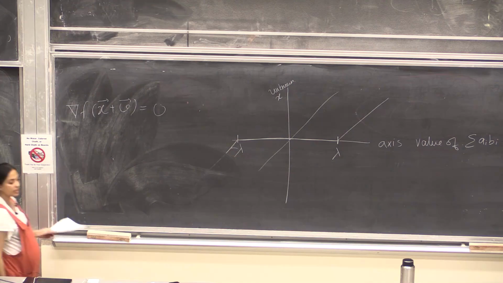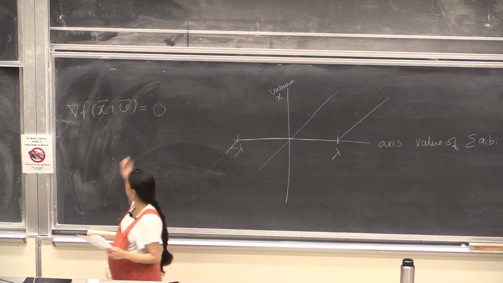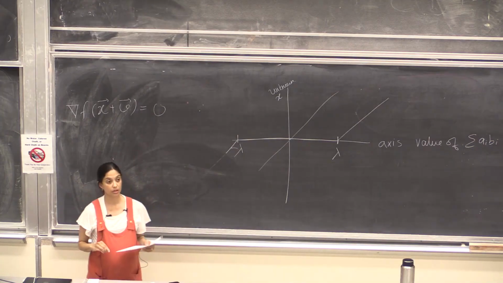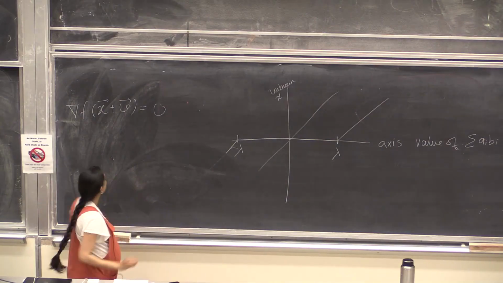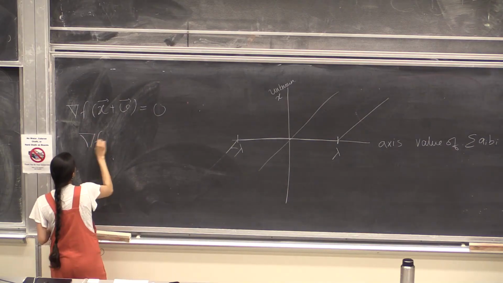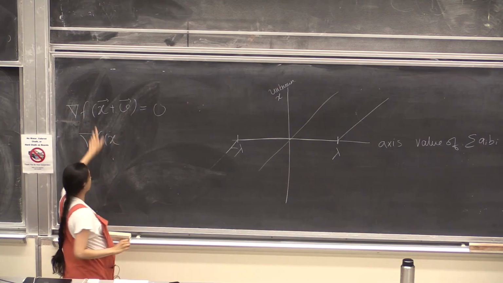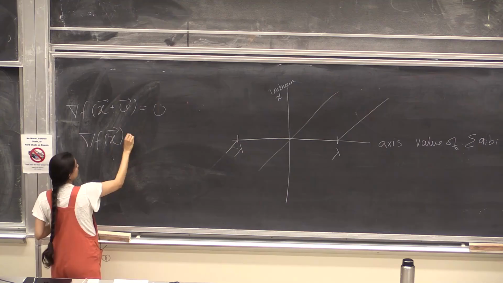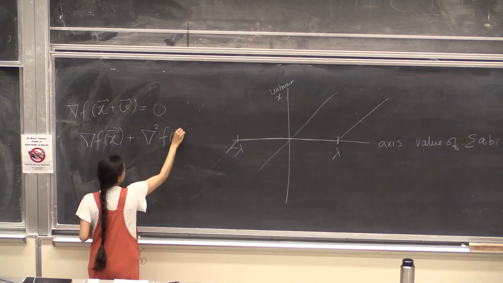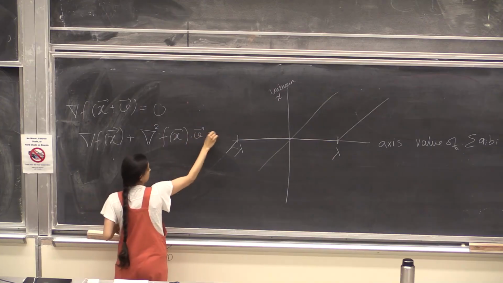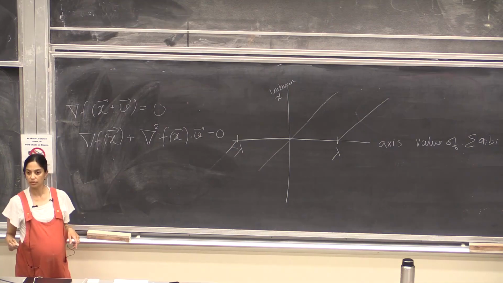But if I don't really know how to solve this, can I just linearize this optimality condition? What do I get? Now my function is the gradient, so it's the gradient at x plus the Hessian times v.